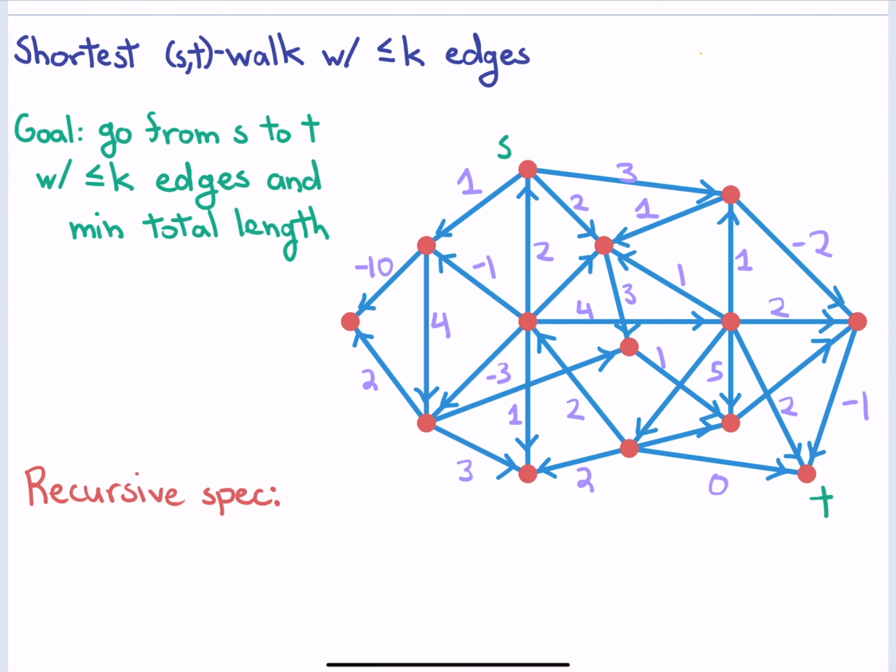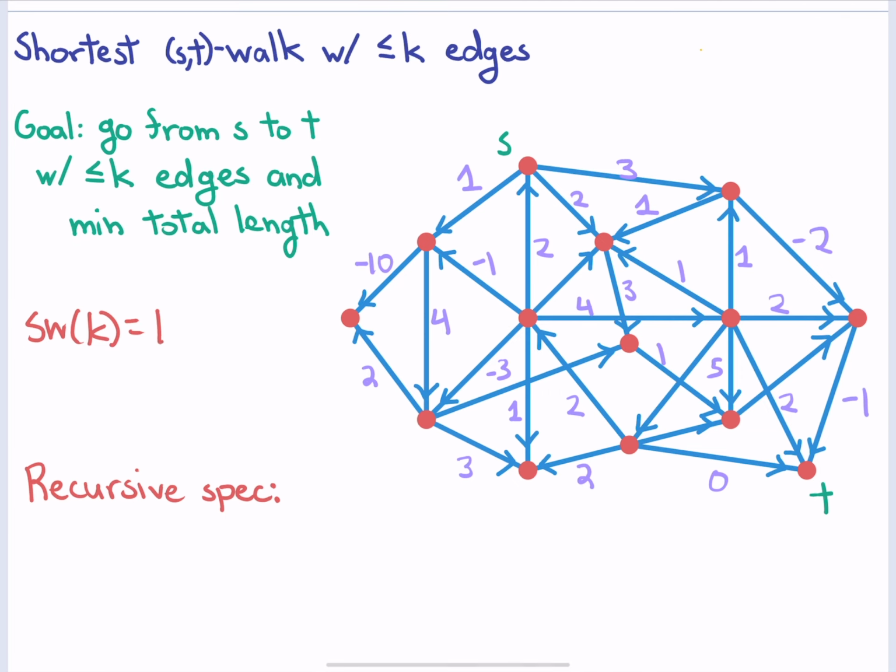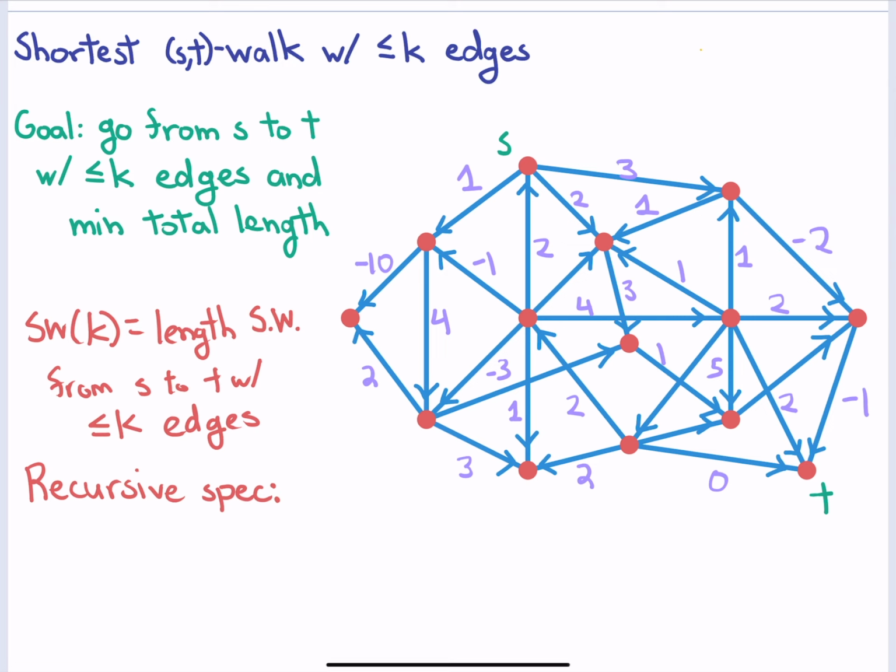So we can do SW(k) is equal to the length of the shortest walk from S to T with at most k edges. So our parameter is k.